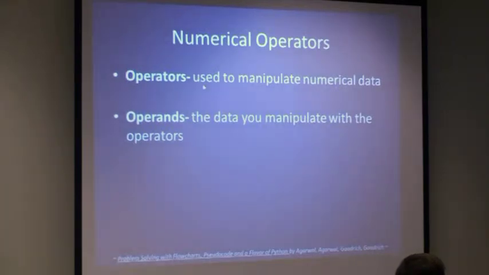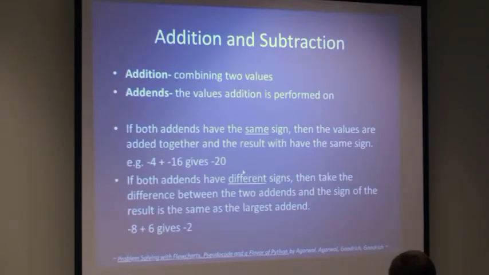Now, to manipulate these numbers, you need operators. And what are operands? Well, we'll come to that example. Operands are the data you manipulate with the operators. So let's take, for example, this calculation. -4 is one number, -16 is the other number, and this is the operator, plus.